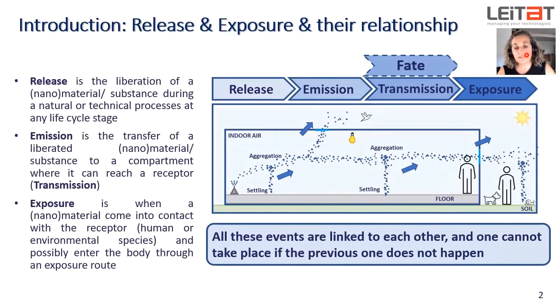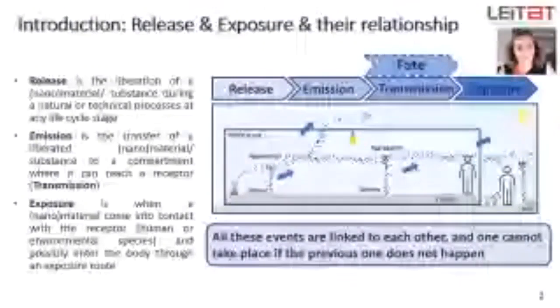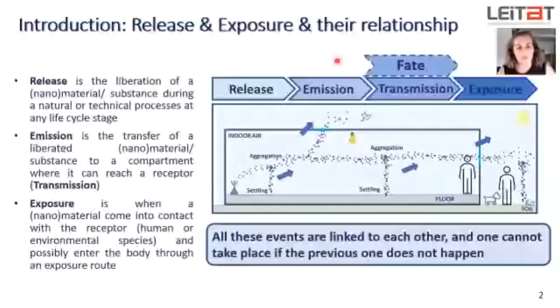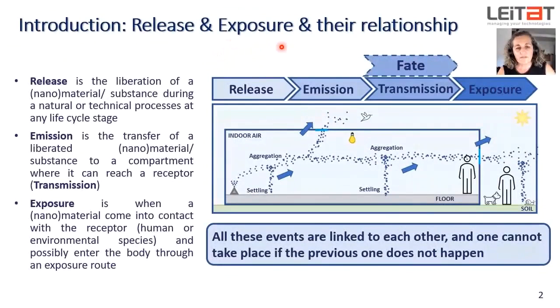All these events are linked to each other, and any of these events cannot take place if the previous one didn't happen before. So they are subsequent to each other. Then there is a release of nanomaterial, then an emission, and these emitted particles end up being the exposure particles that go into the target receptor, human or environmental species.